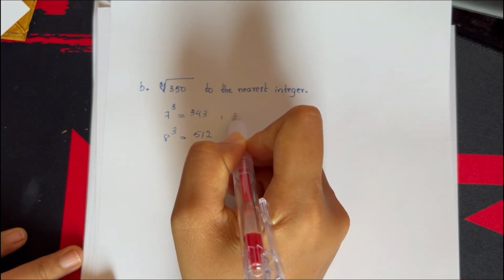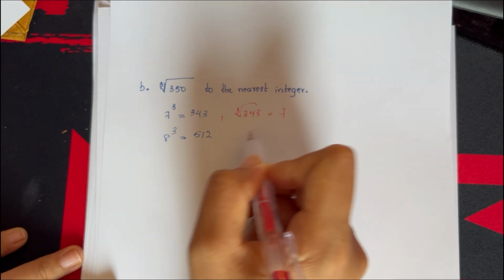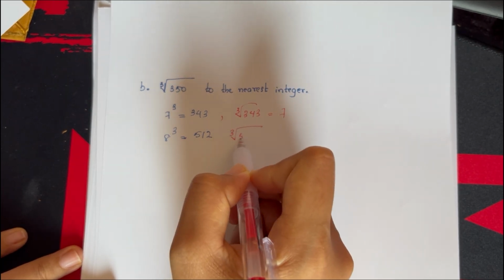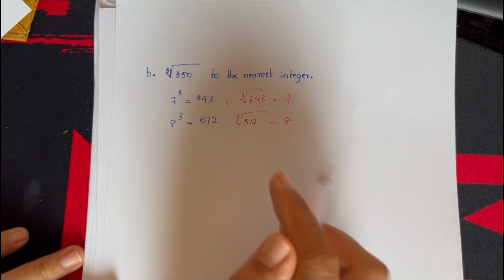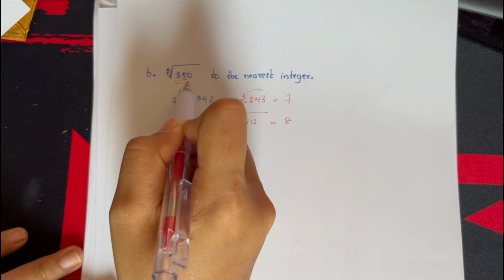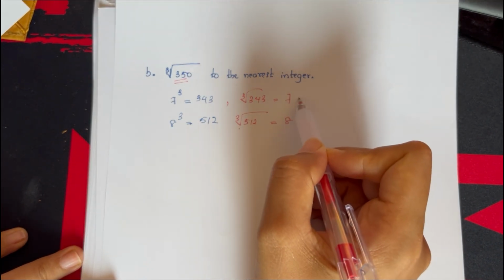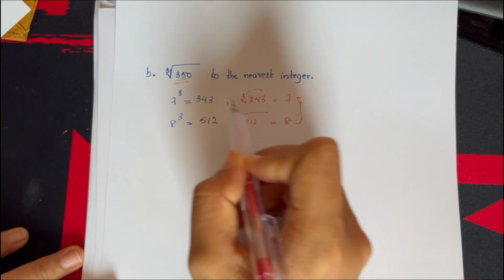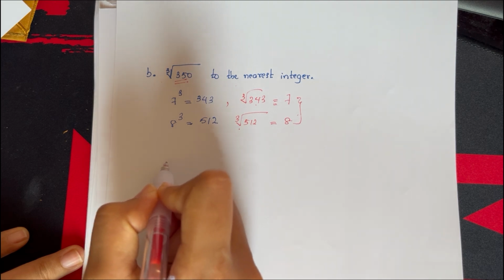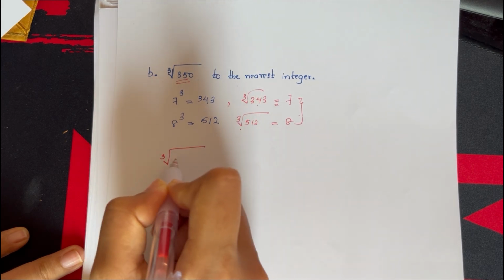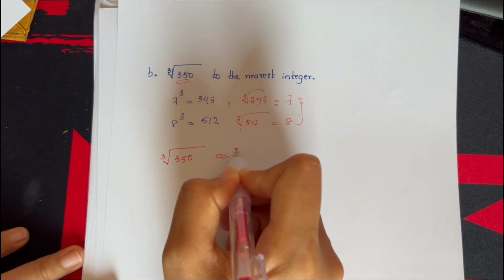So the cube root of 343 is equal to 7, and the cube root of 512 is equal to 8. We have to find out 350. So the cube root of 350 will be between 7 and 8, and 350 is nearly 343, almost 7. So we will write the cube root of 350, the nearest integer, 7.